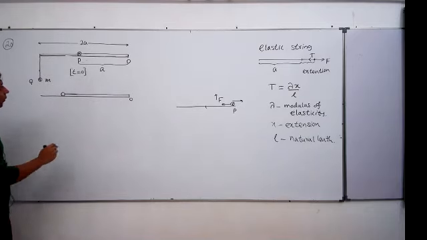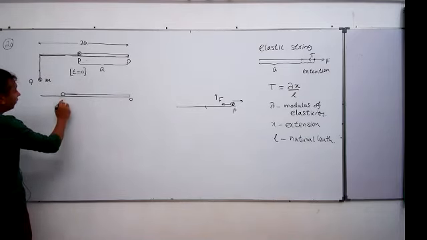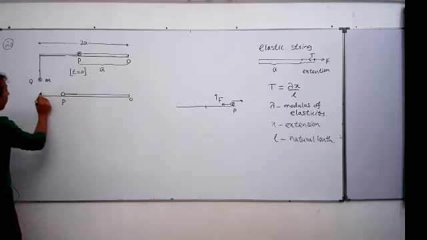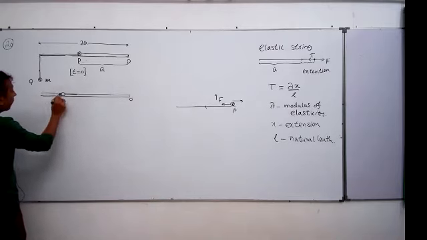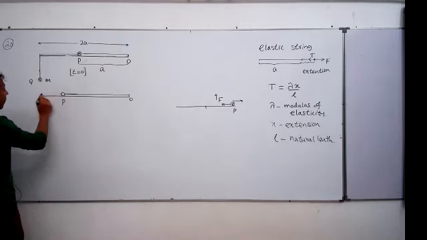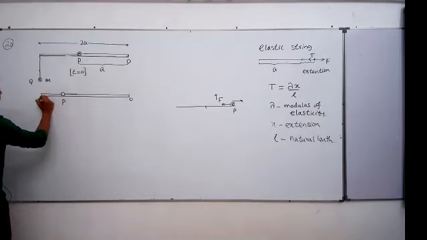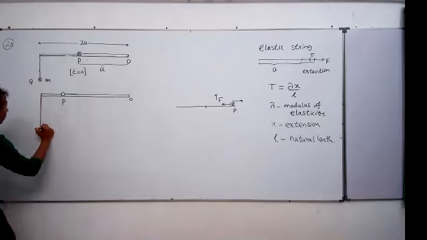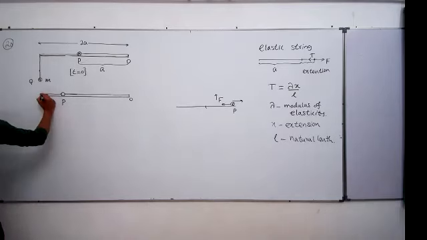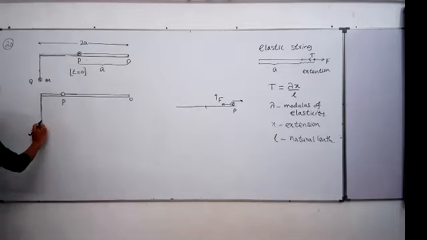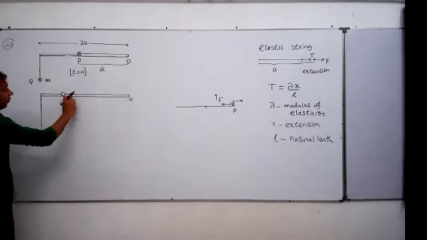Then here, particle Q is now here. We will draw the diagrams together, like this. It's particle Q. Okay, so this is time equals t.